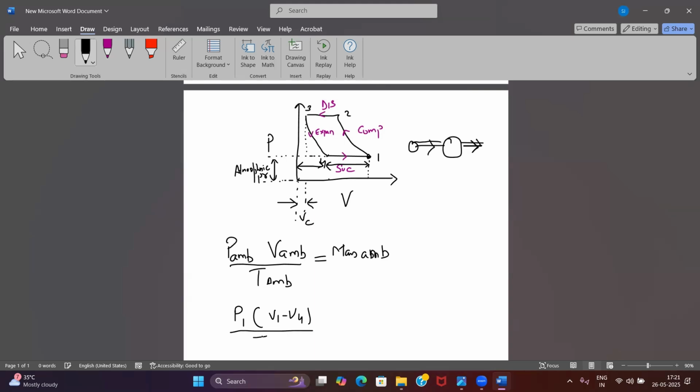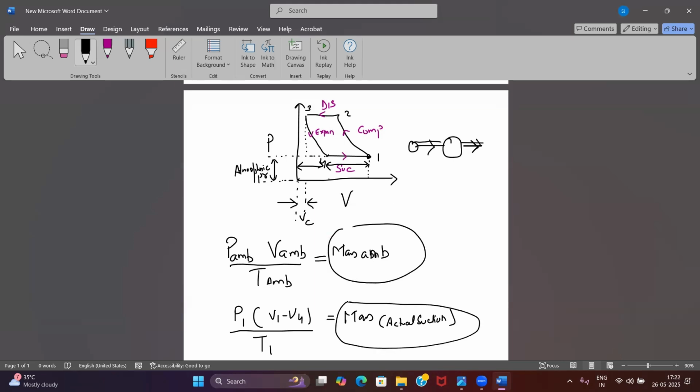Divided by temperature T1, this equals the mass, that means the actual suction. Now I said that mass will be the same, constant.